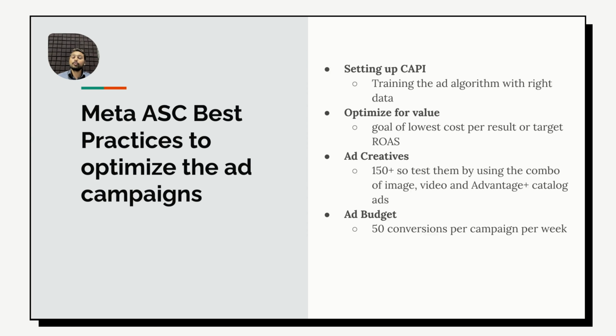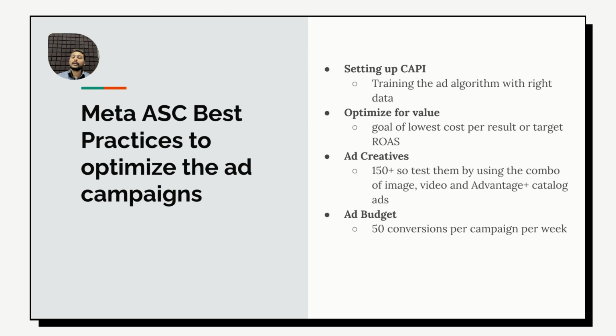And also you can use the cost per result target if you're using maximize conversions. So when you're optimizing for conversion value, you will be able to get high value conversions. That's an advantage of using Meta Conversions API. Sorry, that's the advantage of using value for the conversions that happen through the Meta Advantage Shopping campaigns.